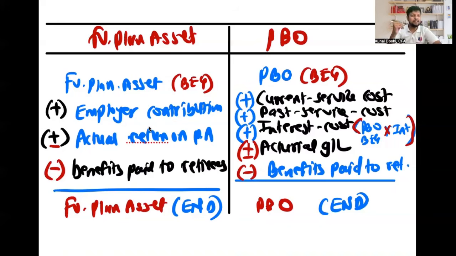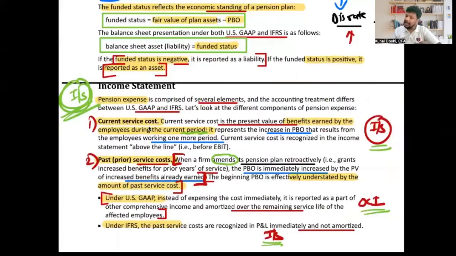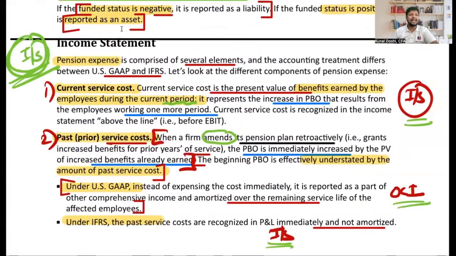Now, what are these individual things? Current service cost, past service cost, interest cost, and actual gain and loss. They are also components of the income statement. Current service cost. What exactly is current service cost, guys? Current service cost is all the benefit earned in the current period. So for one more year that you work, what is the benefit that you are supposed to be paid? That is the current service cost.